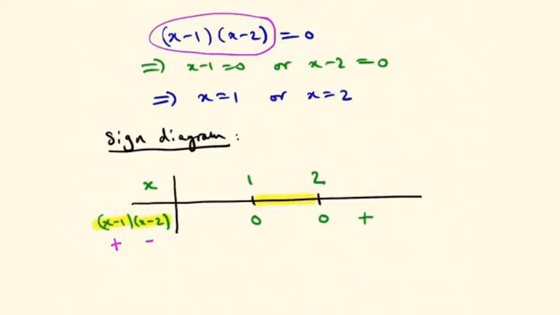A product of a positive and a negative number is negative. So on the sign diagram I put a minus sign between 1 and 2. Now if x is to the left of 1, then both x minus 1 and x minus 2 are negative. And remember, a product of two negative numbers is positive. And that completes the sign diagram. It gives you complete information about the sign of the expression as x varies over the real line.